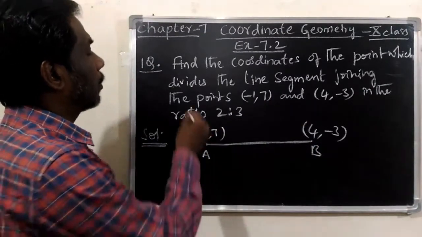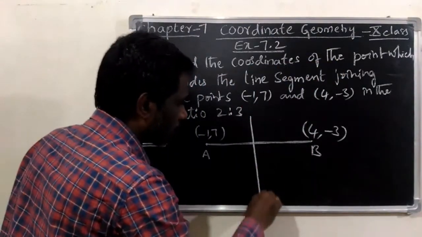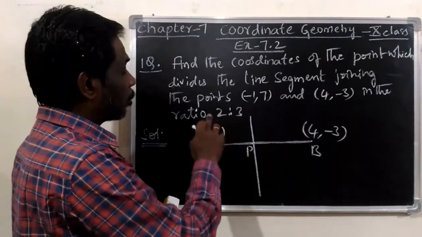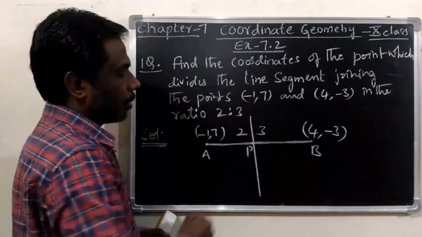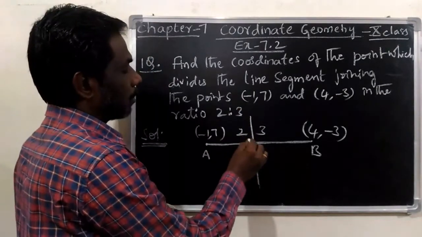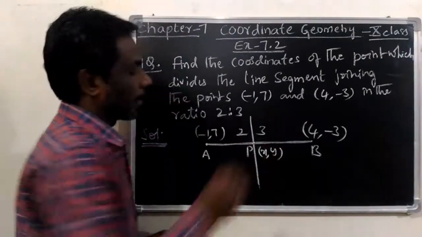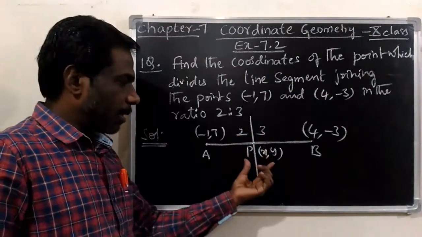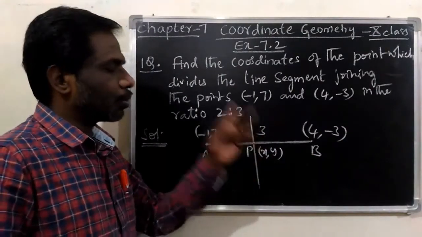So we want the dividing point. Let that point be P in the ratio of 2:3. Let the dividing point be (x, y). Here P is the point that divides the line segment AB in the ratio 2:3.